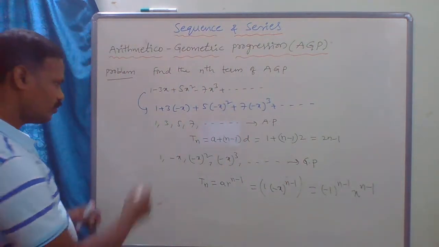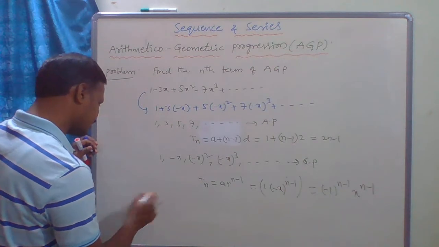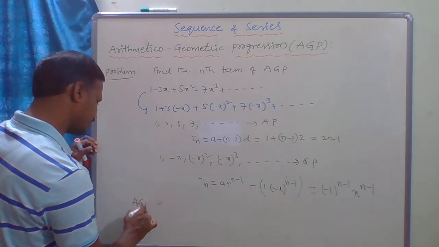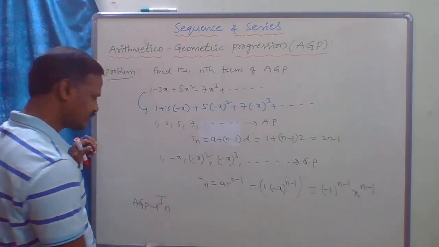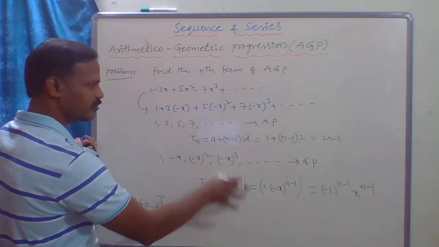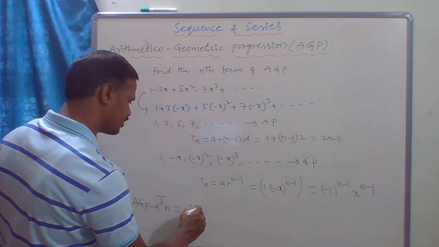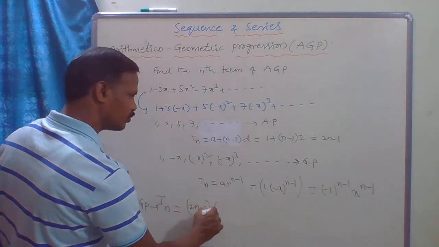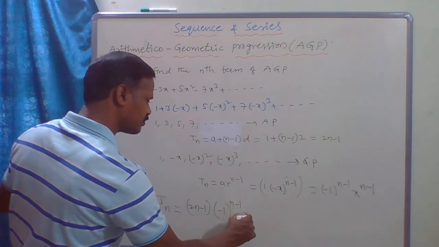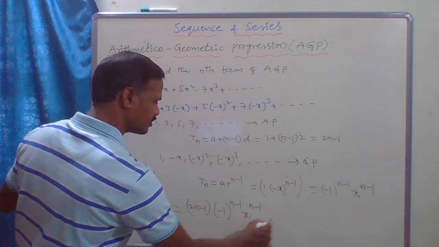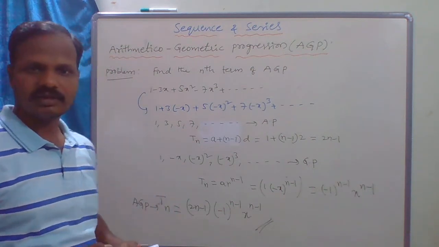Now the nth term in AGP. What is the nth term in AGP? It is nothing but the product of these two, that is 2n minus 1 into minus 1 power n minus 1 x power n minus 1. So this is the nth term in the AGP.